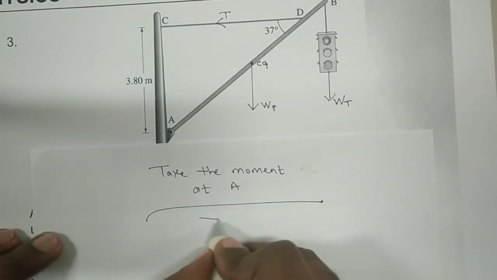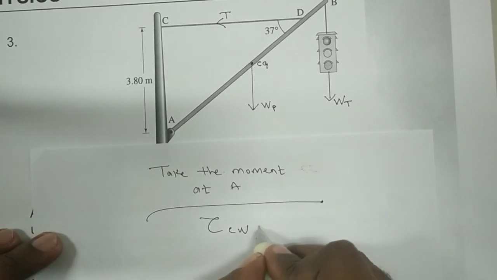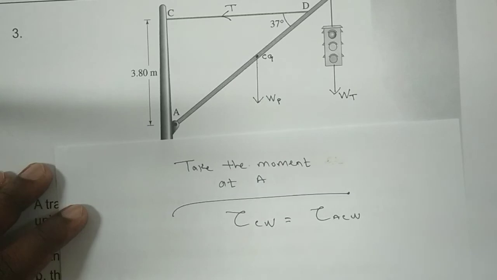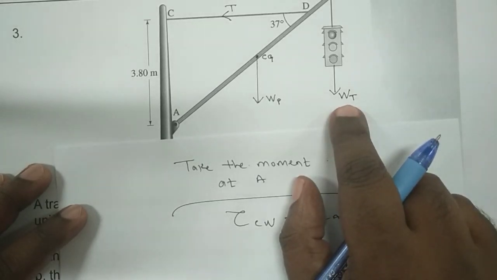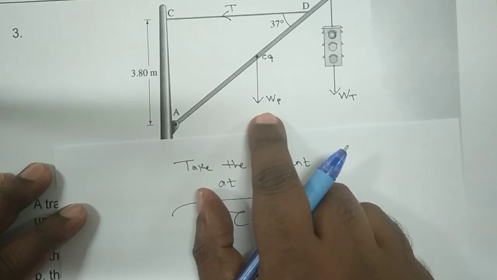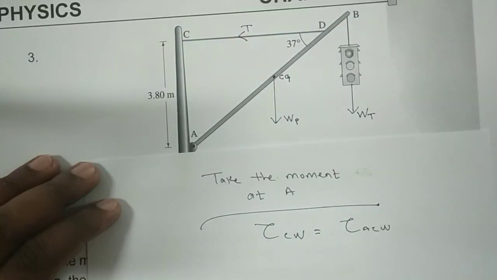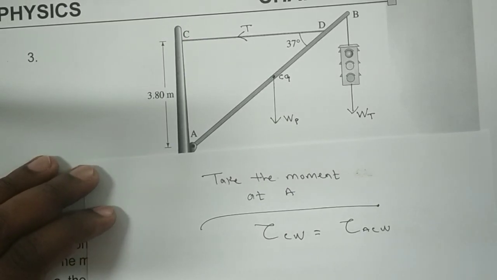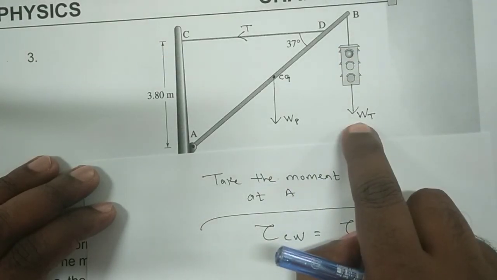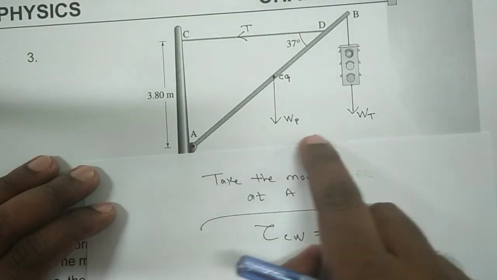So torque clockwise equals torque anti-clockwise. For the clockwise direction, we have two turning effects. One is weight of traffic, another one is weight of pole. For the clockwise direction, the weight of traffic times the perpendicular distance from the axis of rotation.